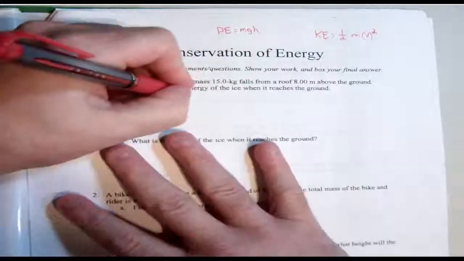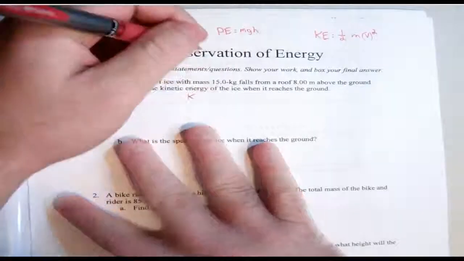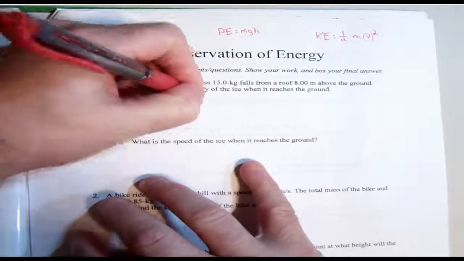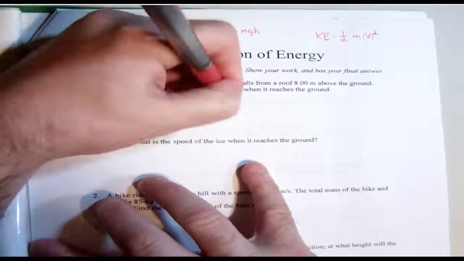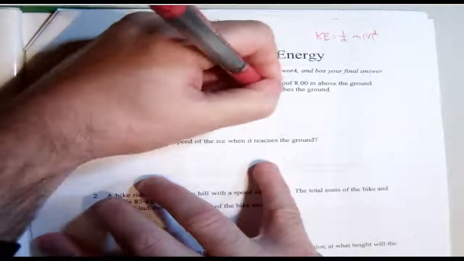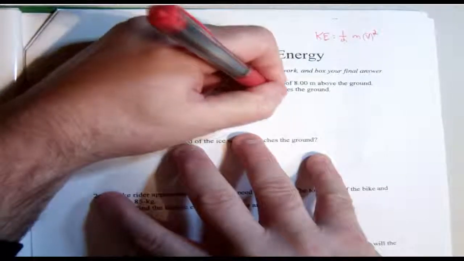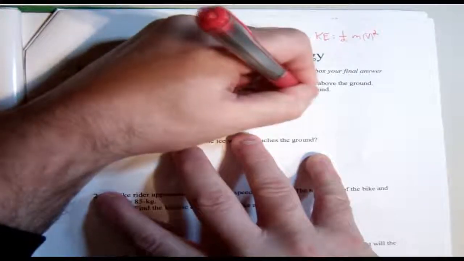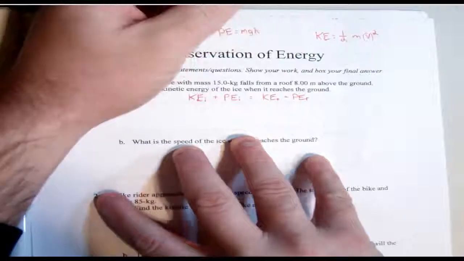So we know that our formula is straight up, not broken down. Our initial kinetic energy, so our beginning kinetic energy, plus our beginning potential energy equals our final kinetic energy plus our final potential energy.